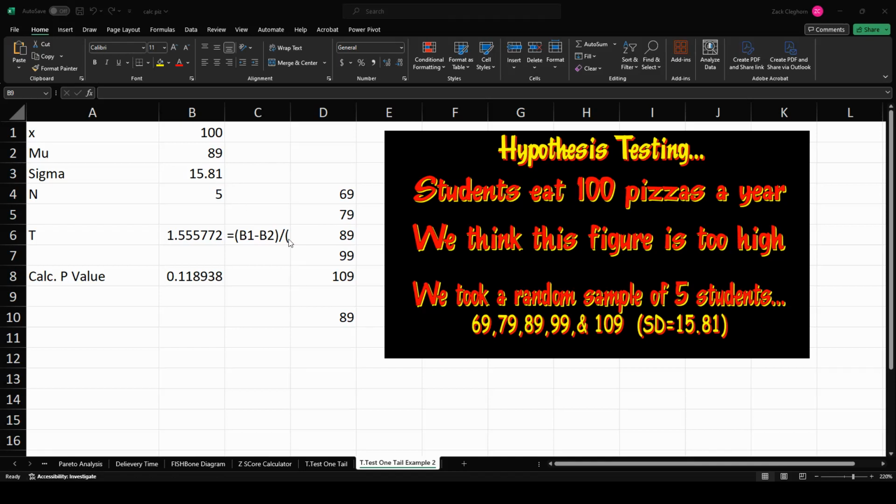So would we reject it or fail to reject it? Yeah, you're technically right. We would just use the terminology fail to reject it.